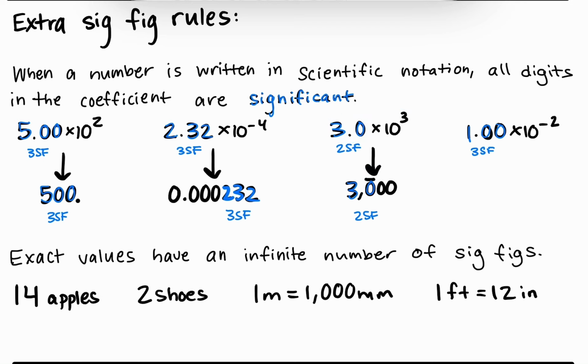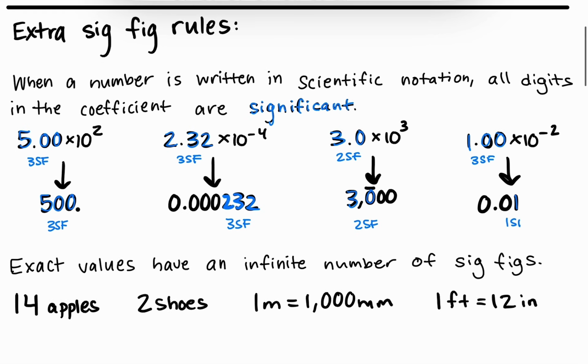All right, let's look at our last one. We have an exponent of -2, which means we need to move the decimal 2 to the left. 1, 2. So we'll have 1 0 before the value, so we'll have 0.01. And if I leave it like this, we only have 1 sig fig here, because remember, these leading zeros are not significant. Leading zeros are never significant.